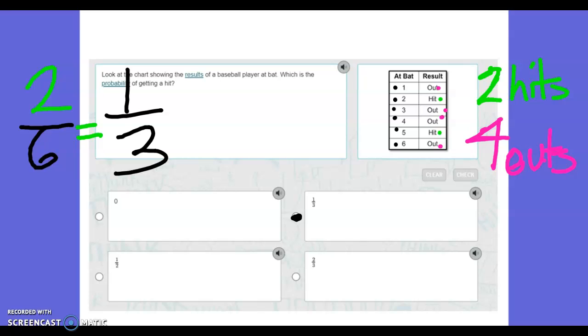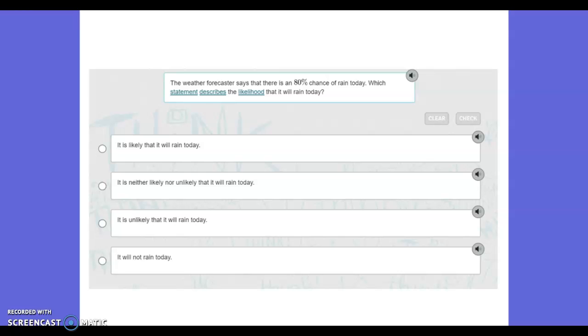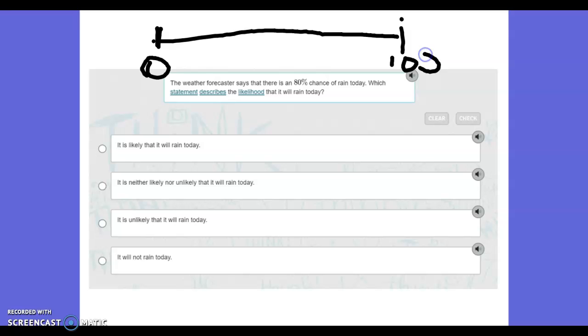On to the last example. All right, so let's think about that scale one more time that we were looking at earlier. This is a continuum where I have a 0% chance, I have a 100% chance. Now there is a qualitative and a quantitative way to describe probability.